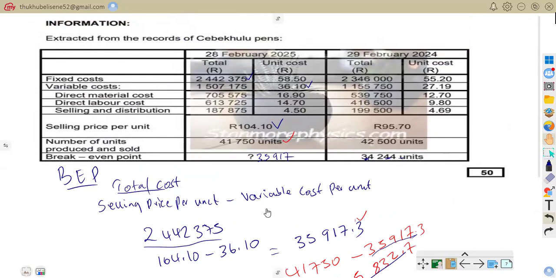As you can see now, PEP is generally satisfied with the management of the variable cost, but is not pleased with the control over direct labor cost. To justify his concern by quoting figures, direct labor cost increased from 980 to 1470.